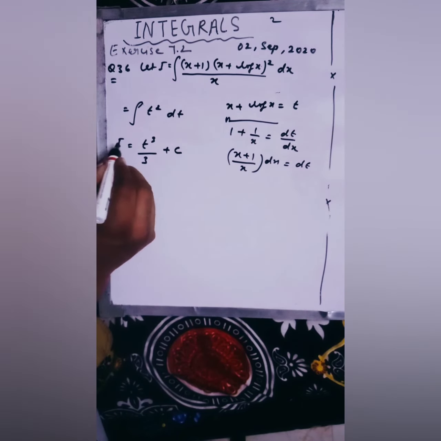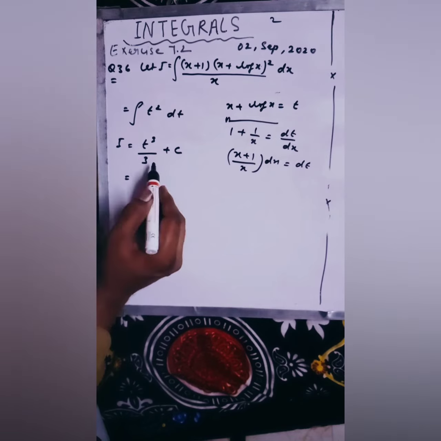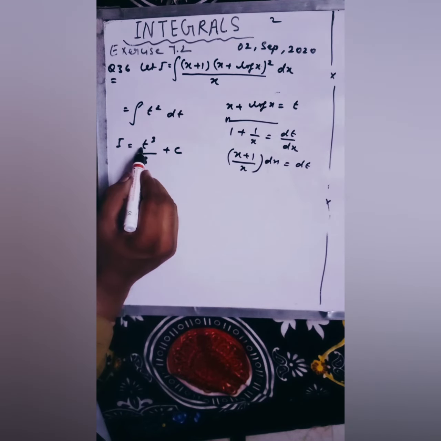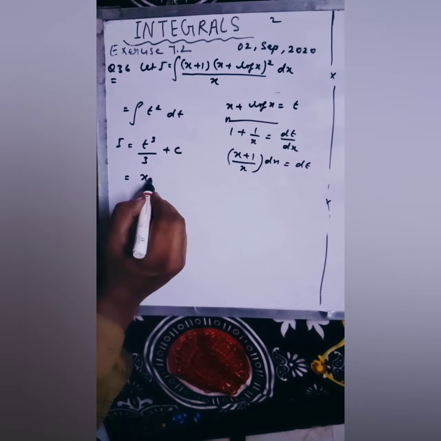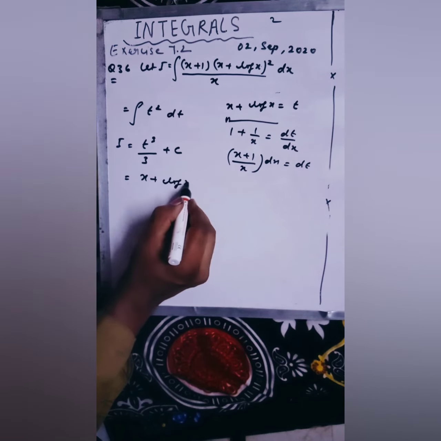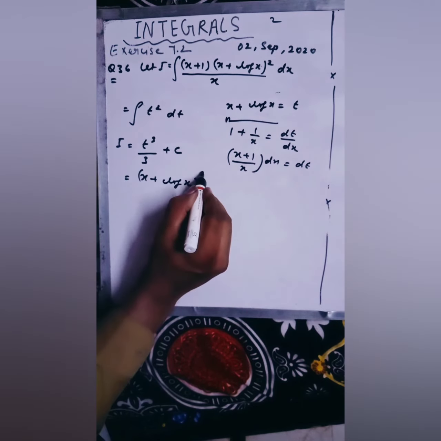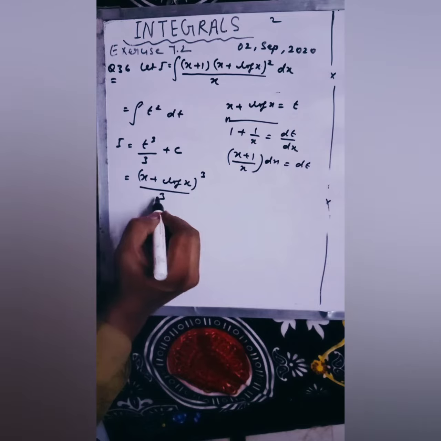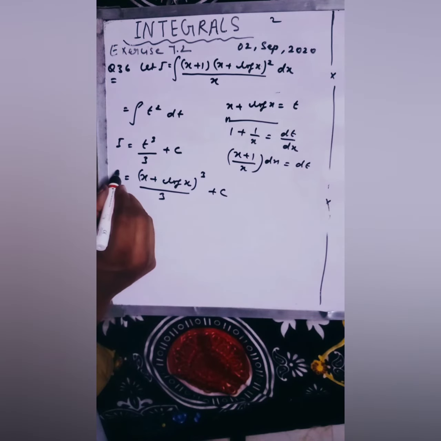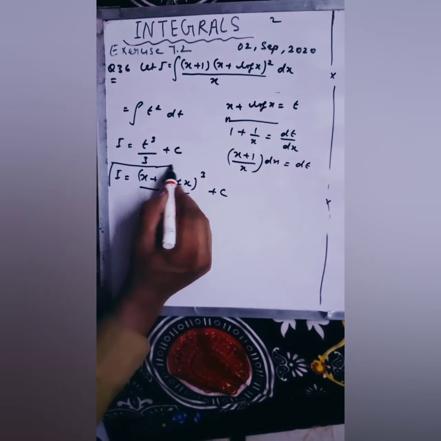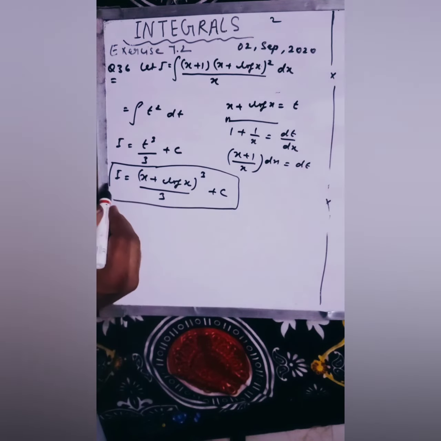So this is the required integral. So here you have to put the value of t, that is x plus log x, whole raised to power 3 over 3 plus c. Okay, so this is the required integral of your question number 36.